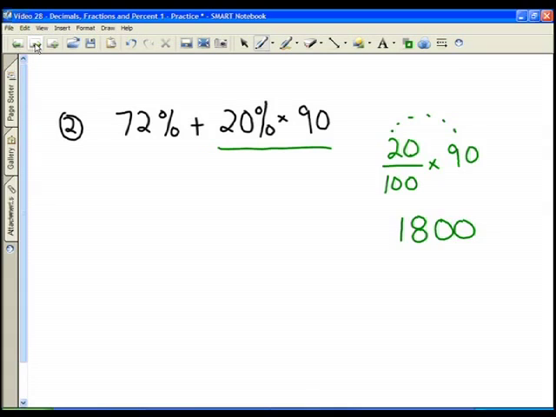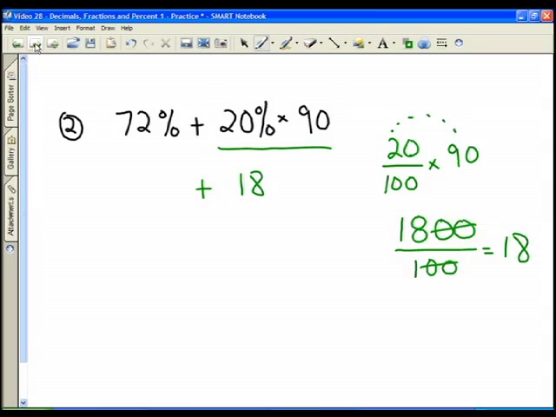So 20 times 90 is 1800, and now we have 1800 divided by 100. And 1800 divided by 100, we can cancel zeros, and that is equal to 18. So 20% times 90 is equal to 18.